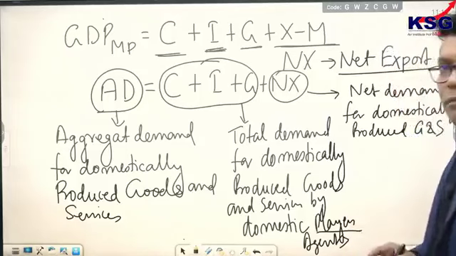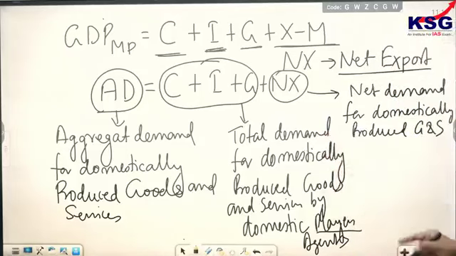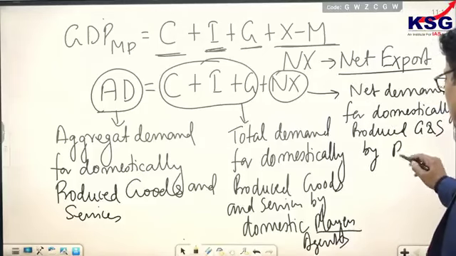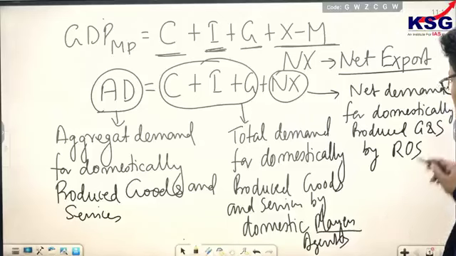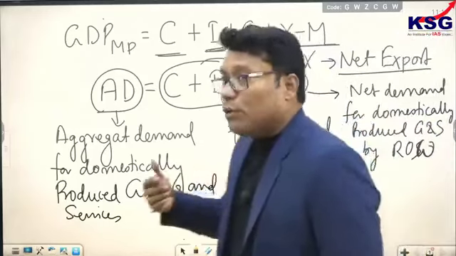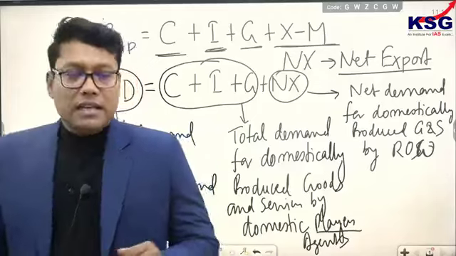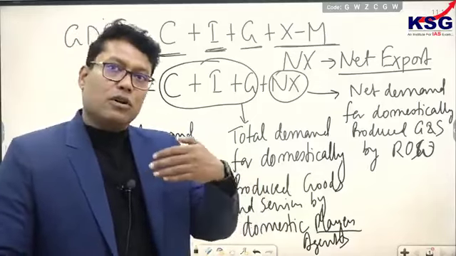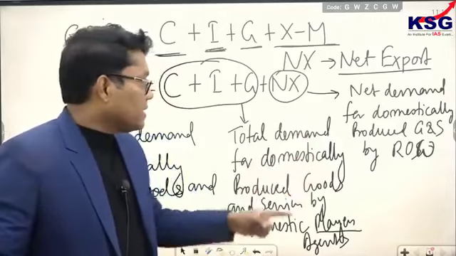I'm writing the short form because I have already written it two times. For domestically produced goods and services by the rest of the world. Rest of the world means ROW, other than our nation. If you take the whole world and don't consider our nation, say India, then all other countries combined we can say is the rest of the world.